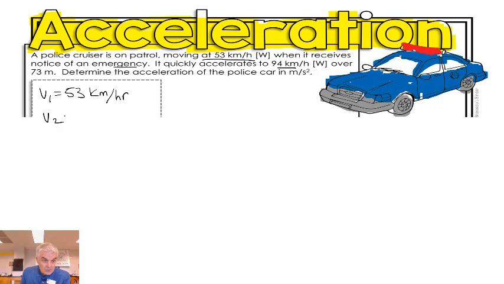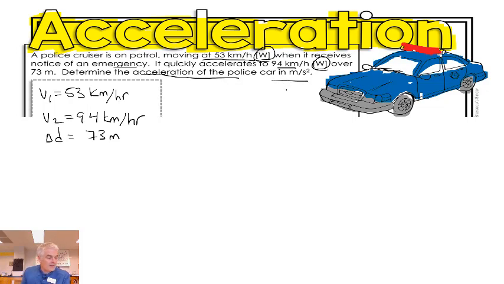So V2 is 94 kilometers per hour. Note they're both to the west. That's the positive direction. Over 73 meters. So delta D equals 73 meters. Determine the acceleration of the police car in meters per second squared.